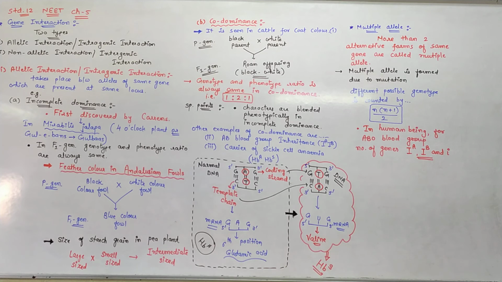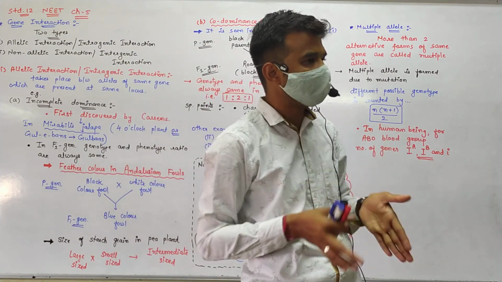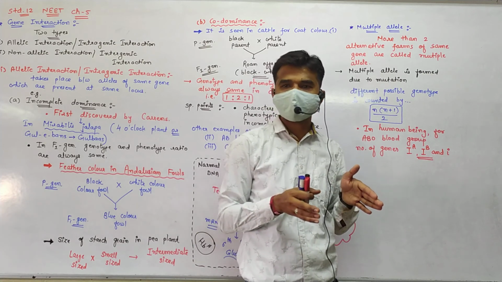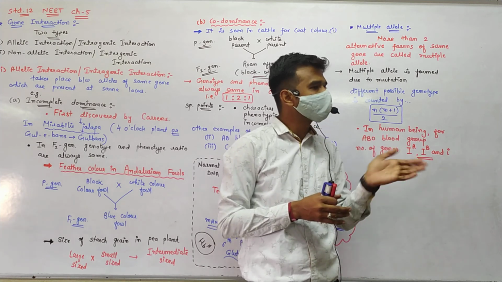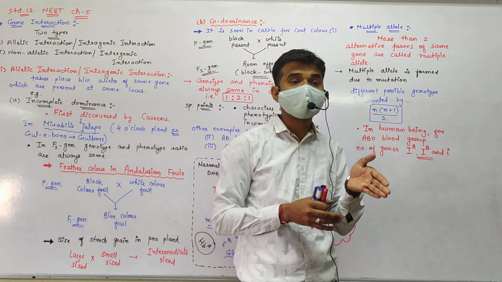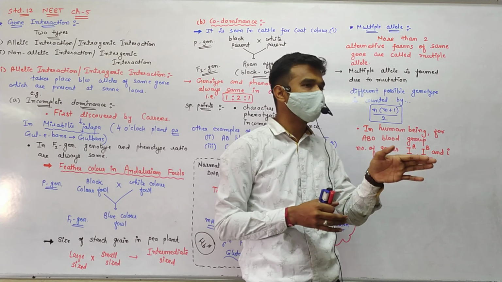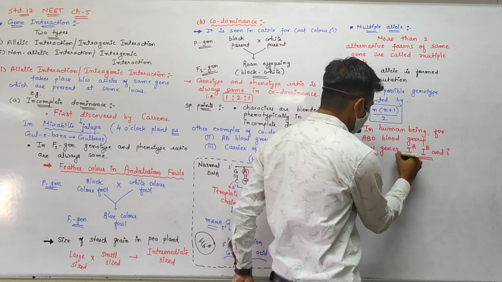As you know, capital I is the dominant gene and small i is the recessive gene. The dominant capital I gene is responsible for formation of the antigen on RBC. And small i is the recessive gene, and in heterozygous condition it is responsible for formation of the antibody in blood plasma. So according to this information, the number of genes is 3.